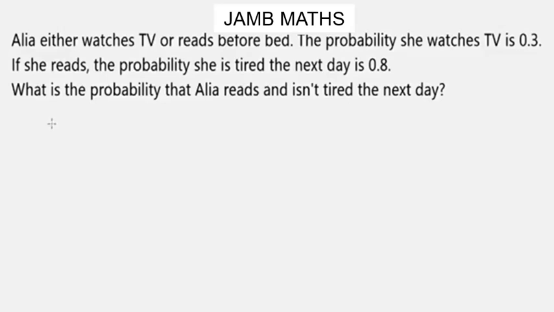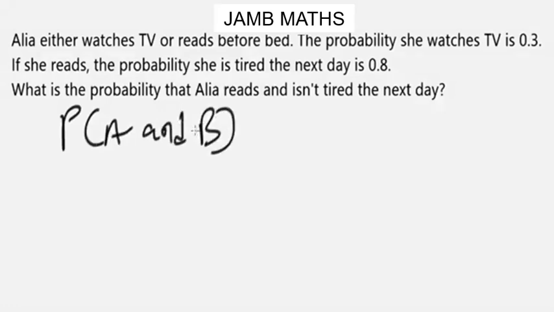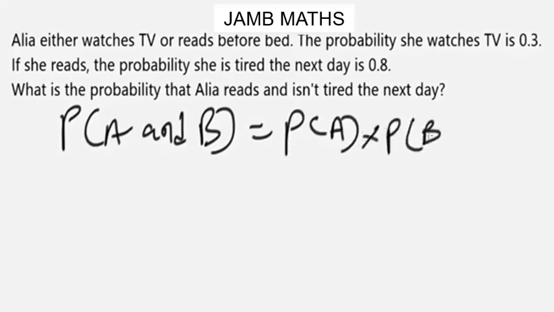So basically, mathematically, it can be expressed as the probability of events A and B both happening is equal to the probability of event A happening multiplied by the probability of event B happening, given that event A happens.